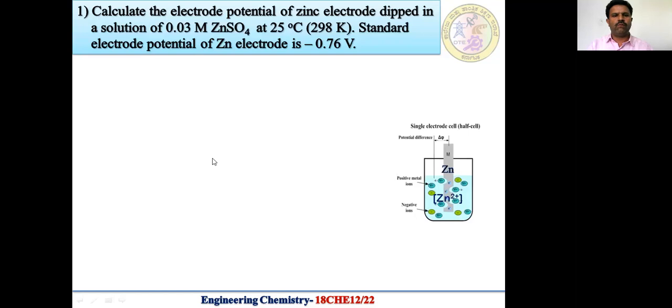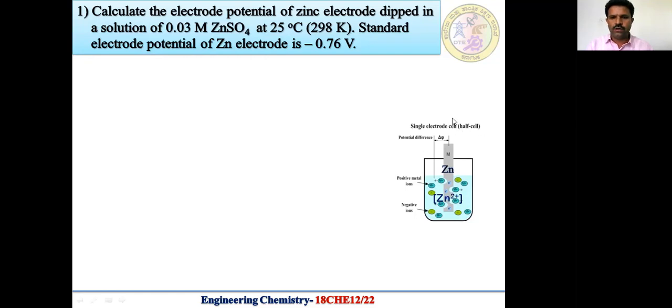Problem number 1: calculate the electrode potential of a zinc electrode dipped in a solution of 0.03 molar zinc sulfate at 25 degrees Celsius or 298 Kelvin. The standard electrode potential of the zinc electrode is minus 0.76 volt.